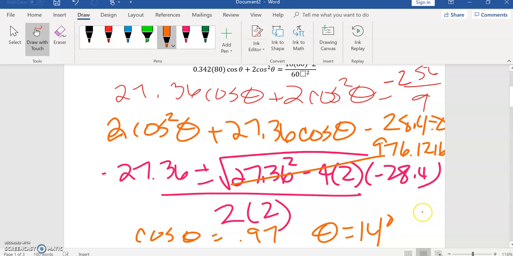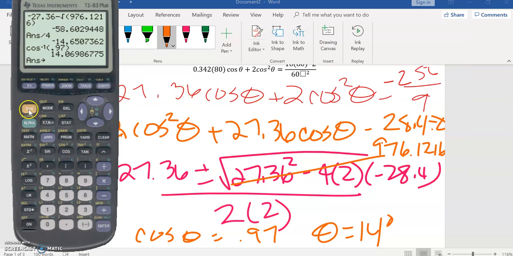You can see as we're working through this, we did get 2 answers, but we looked at one and went, well, that doesn't work. Now, how do you not realize that? Remember, your calculator will yell at you. If I put in the arc cosine of negative 14.7, it's going to go, nope, nope, nope. So it will yell at you if you don't realize that before you even try it.